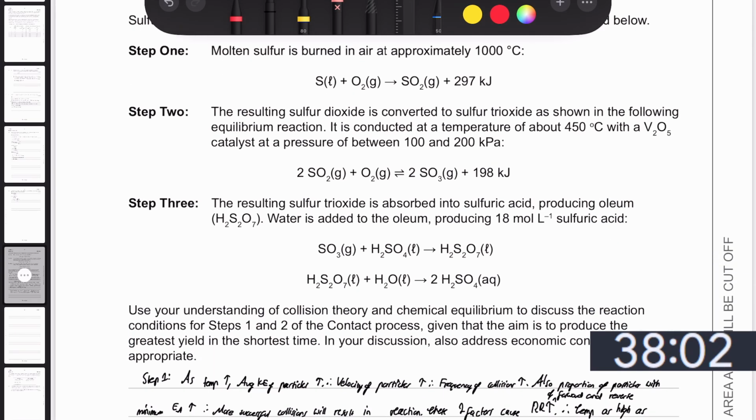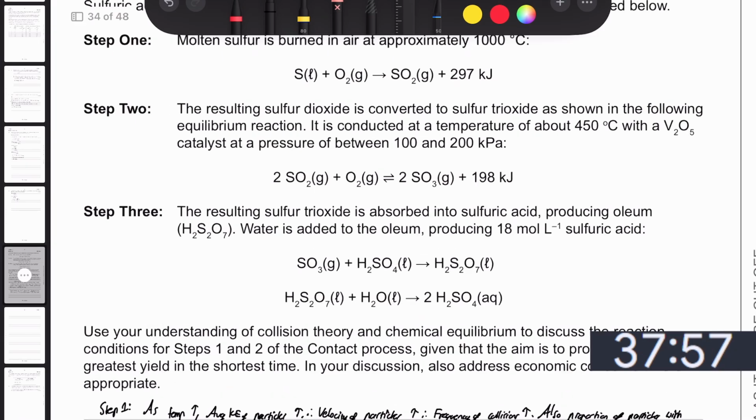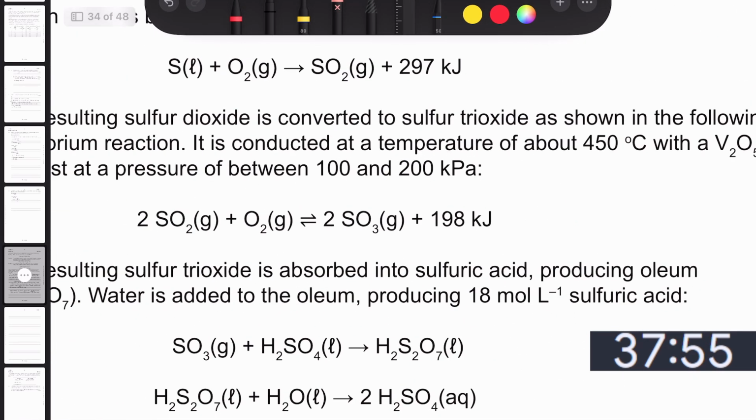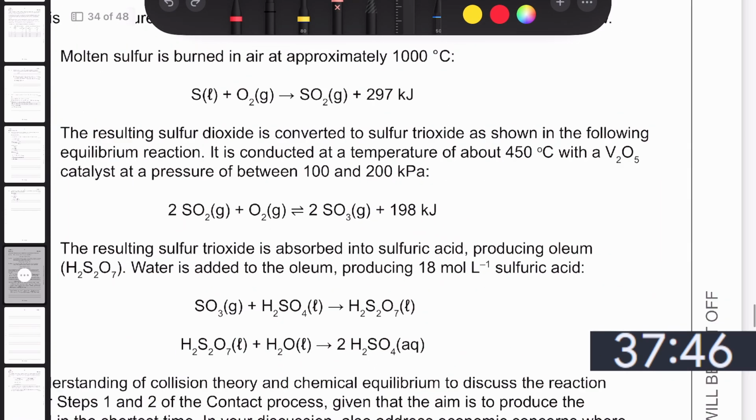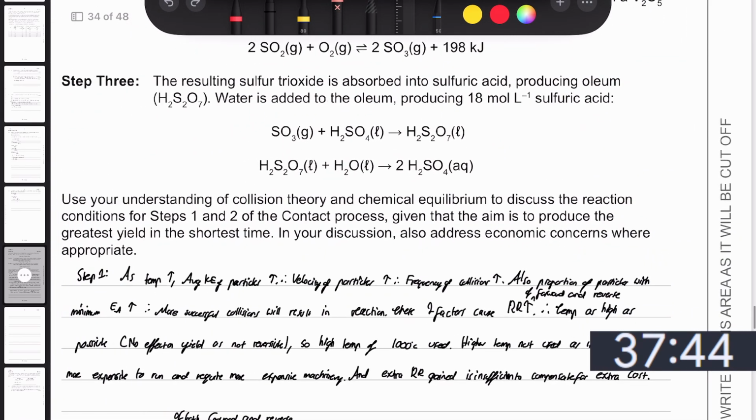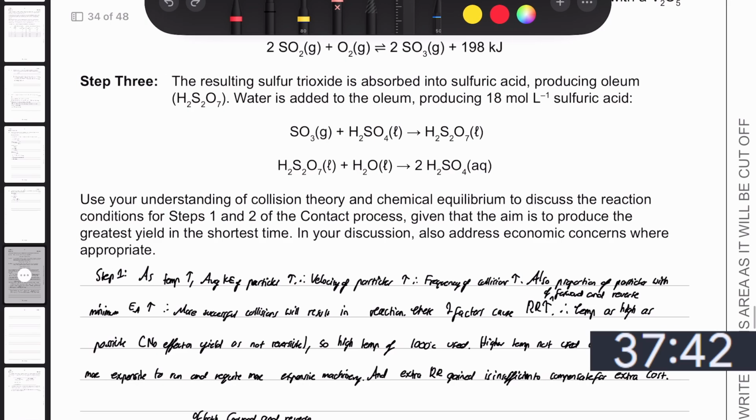Then I think that they don't do it at too high pressure, otherwise the temperature will increase too much too fast. And it says here economic concerns.